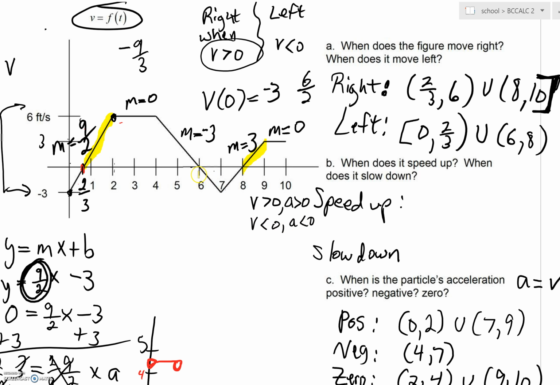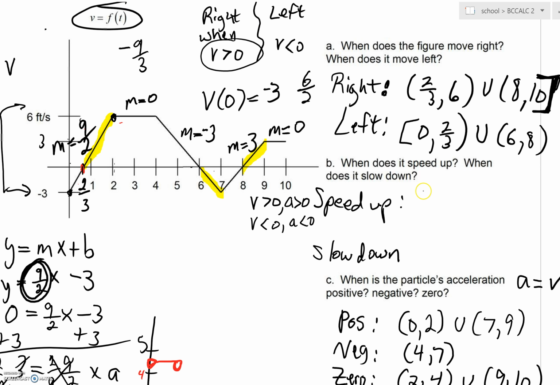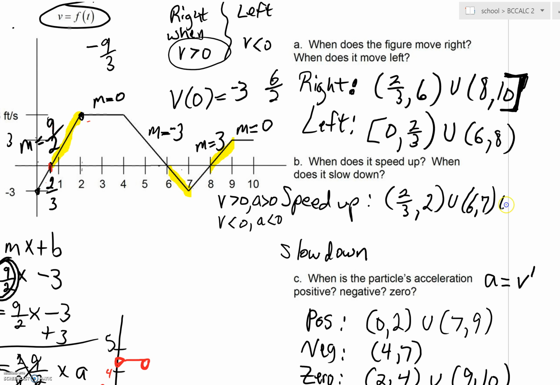Well, to be below the x-axis and to have negative slope, you'd be here between 6 and 7. So what would we have here for an answer? Well, you're speeding up between a time of 2/3 and 2, between 6 and 7, and between 8 and 9.